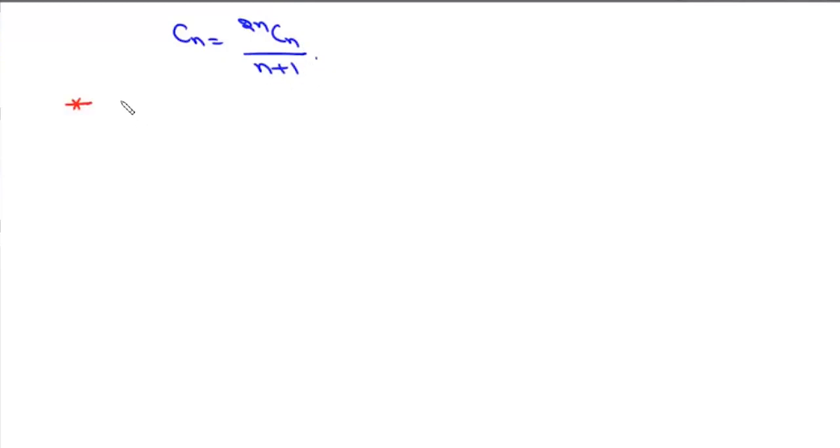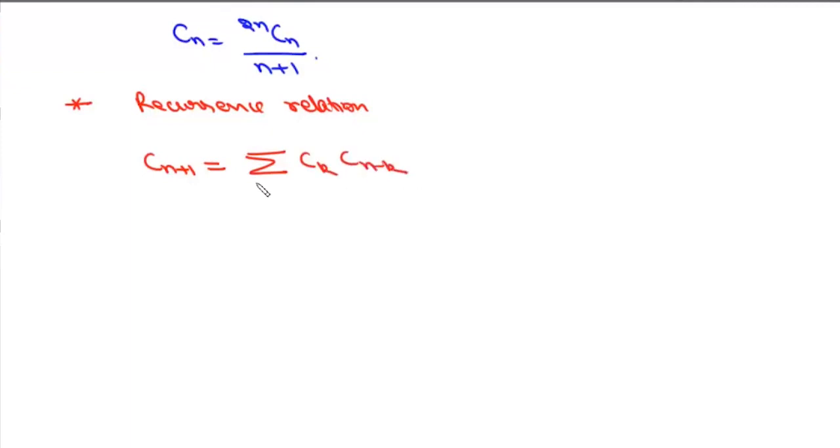Another way to write Catalan numbers is in terms of a recurrence relation. The recurrence relation is C(n+1) equals the summation of Ck times C(n-k), where k varies from 0 to n.